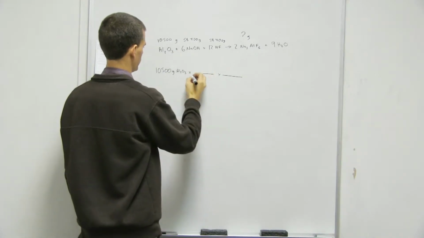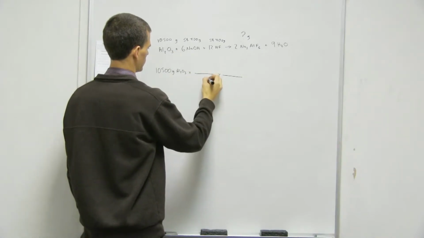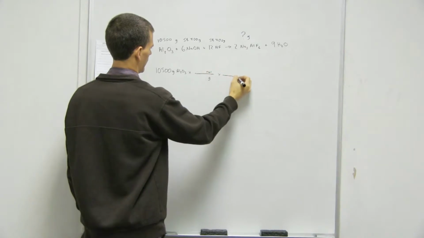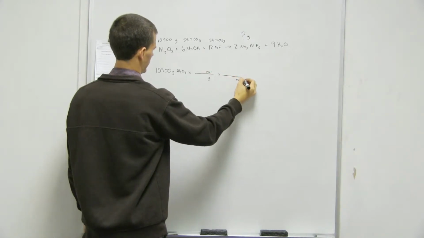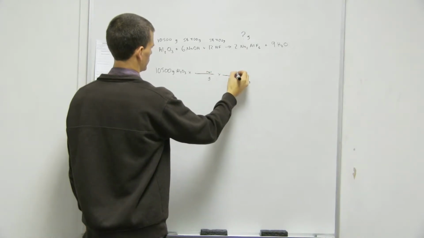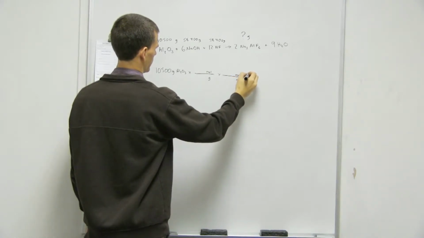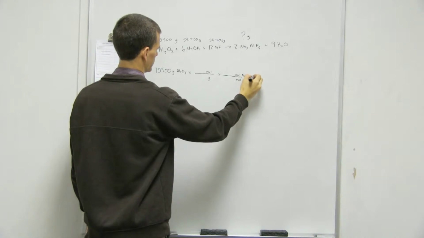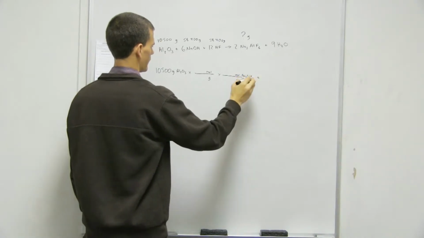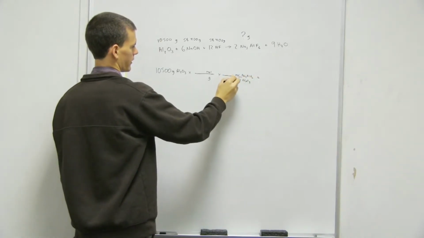So let me just put units. So we're going grams to mole, and then mole Al2O3 to mole Na3AlF6. And then that will give us an answer in moles of this.